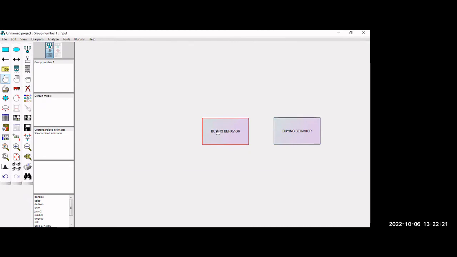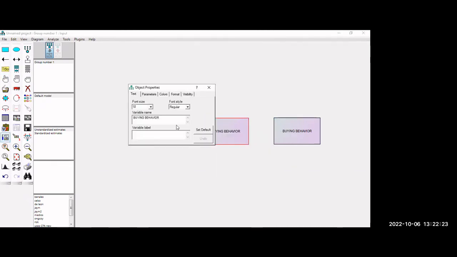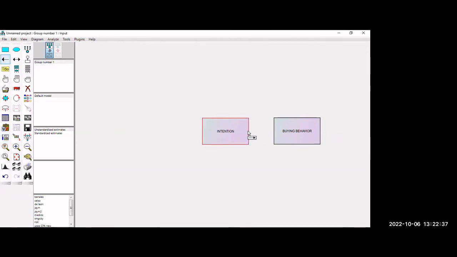So before I buy an iPhone, according to that theory, I should have an intention to buy. So we will follow what the theory is all about. Meaning, intention is a precursor of the behavior. And the stronger the intention, the more likely that the behavior will occur.